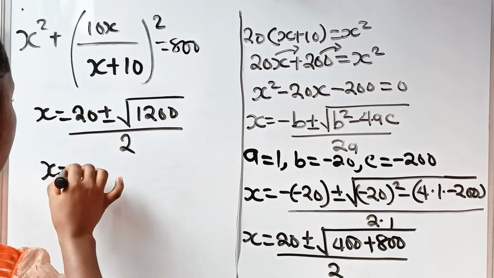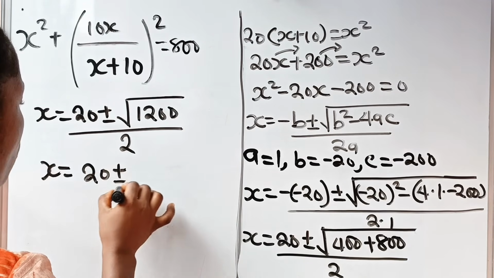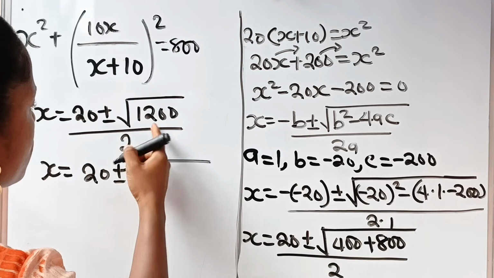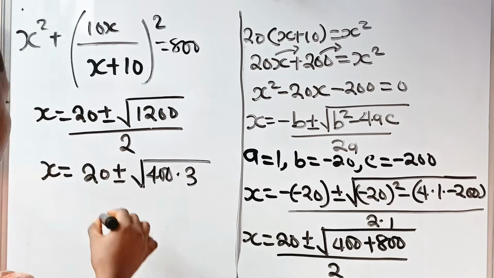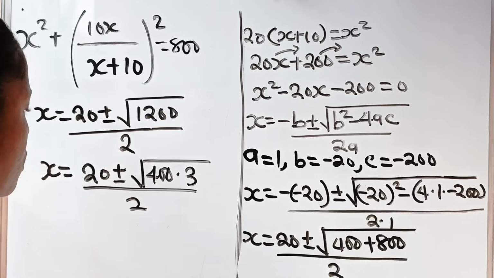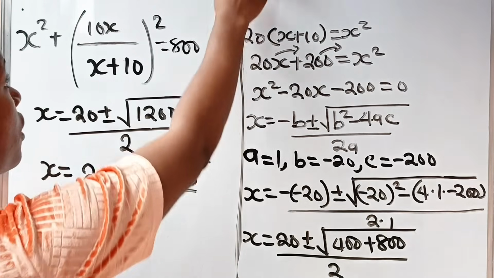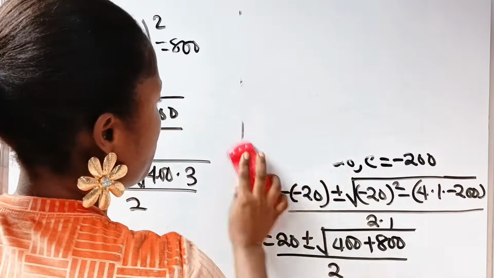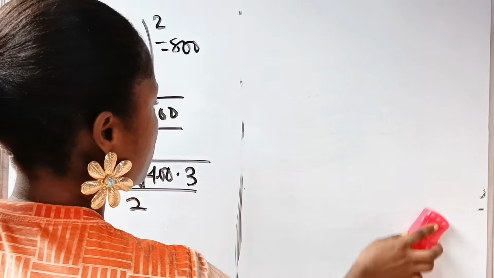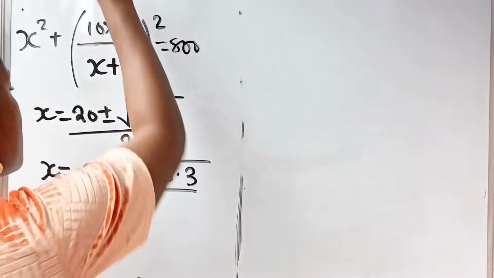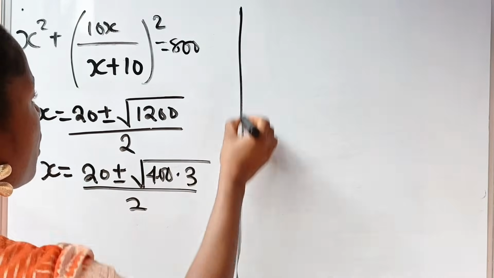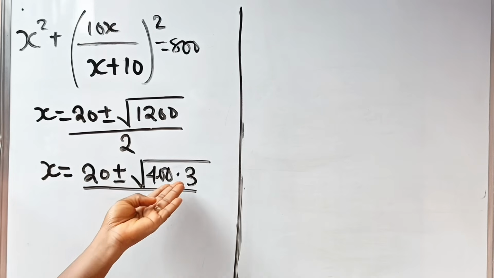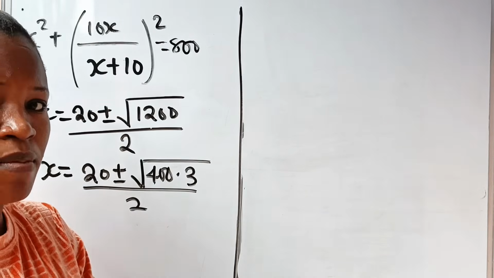So we have x is 20 plus or minus the square root of 400 multiplied by 3, divided by 2. Now permit me to give you an easy way to simplify your surds no matter the number. Here it's easy to know that it's 400 multiplied by 3.